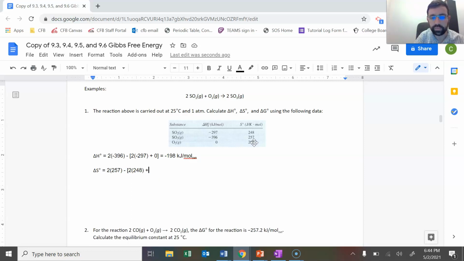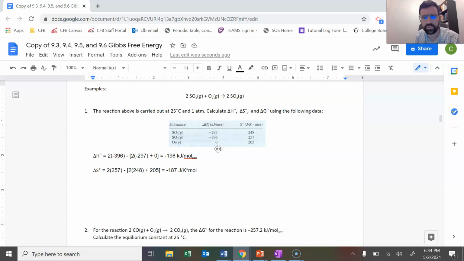And then for oxygen, it's going to be 205. And that will tell us our entropy. Change in entropy is negative 187. And that's joules per Kelvin mole of reaction, we could say.